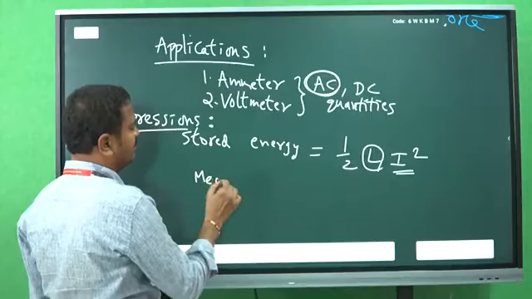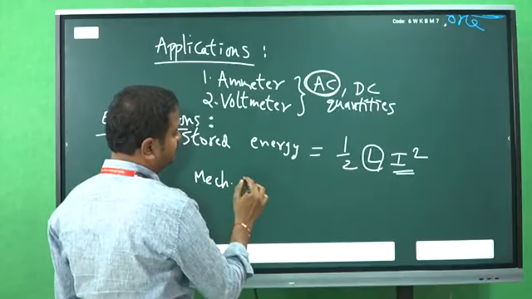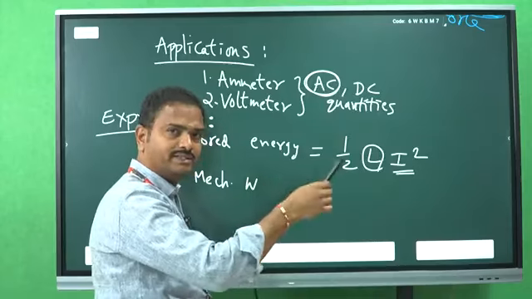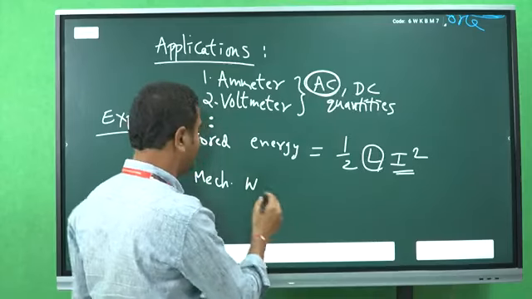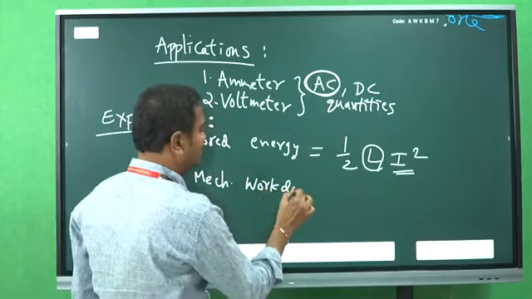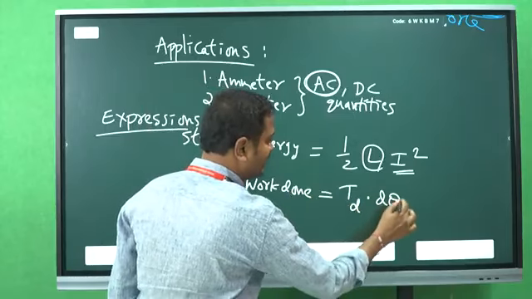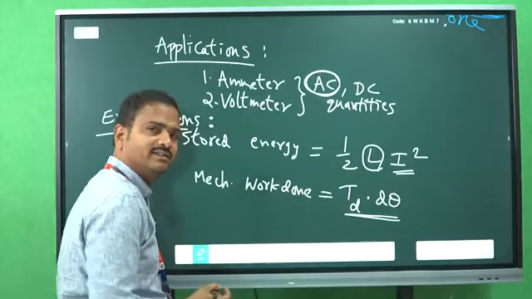If the pointer is moving, that means mechanical work is done, right? Mechanical work done by the pointer is nothing but deflecting torque times the change in angle of deflection.